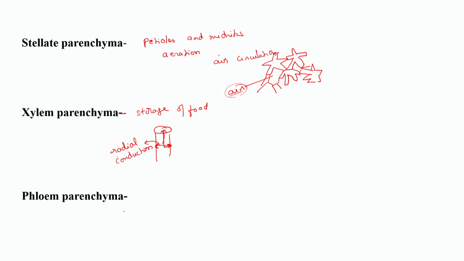Now in phloem parenchyma also, it is made up of elongated and tapering cylindrical cells having dense cytoplasm, and they also store food material. Now coming to the next type, secretory parenchyma. Now it is involved in secretion. See, many substances are synthesized in a cell and they are secreted to the outside environment.